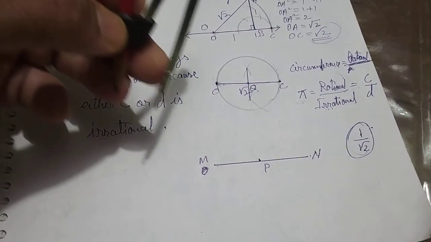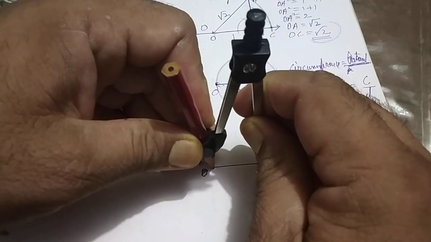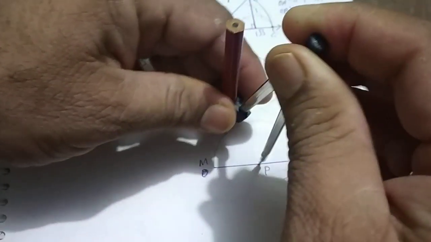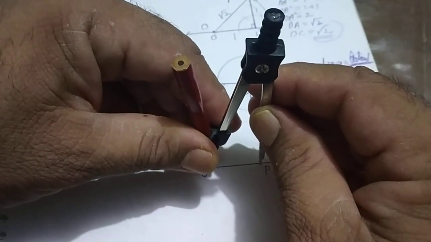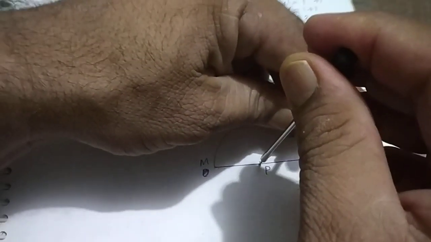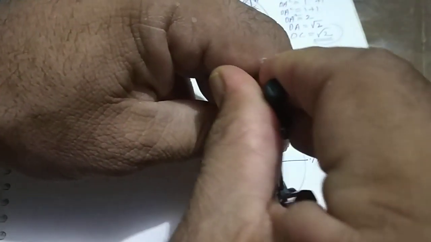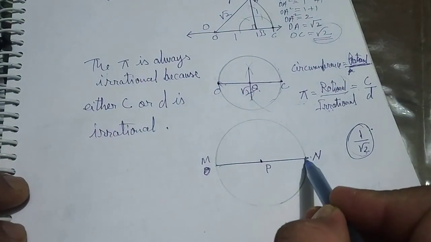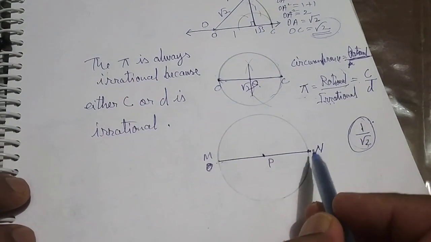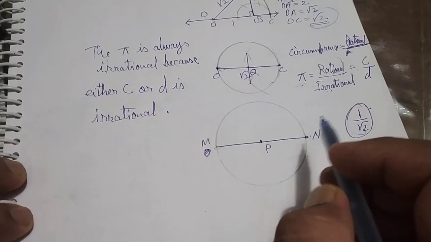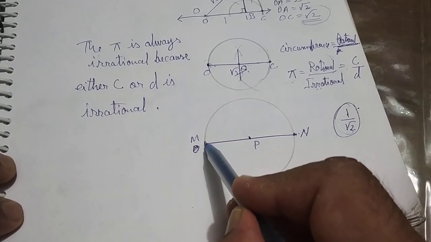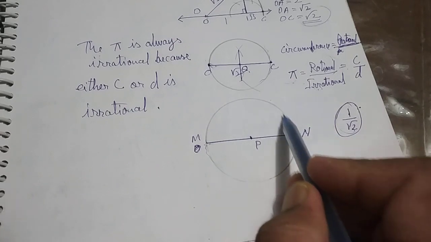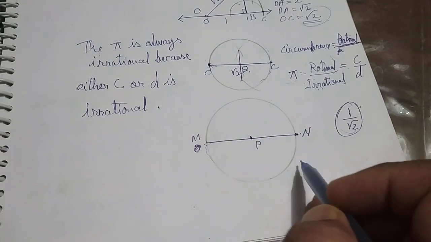Let this point be P. If I draw a circle like this, so if this MN is 5 centimeter, in this case, when you are going to measure this circumference, you will find that this circumference is irrational.